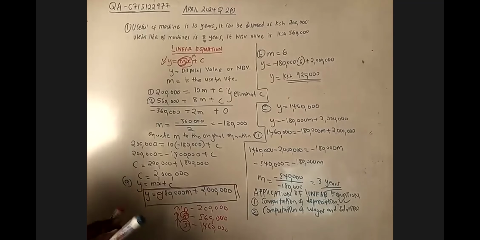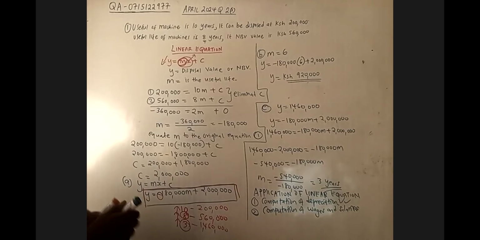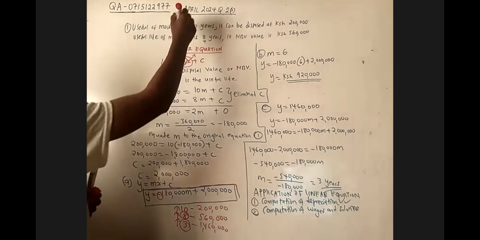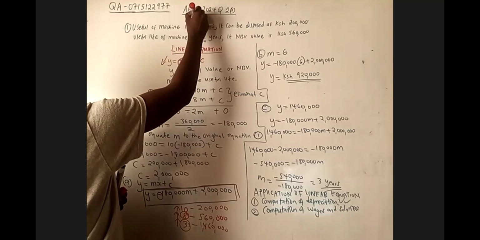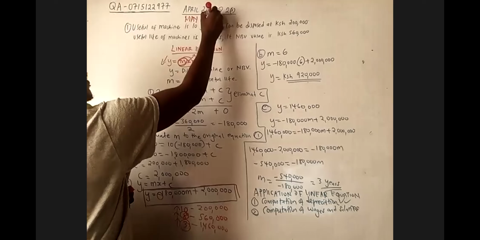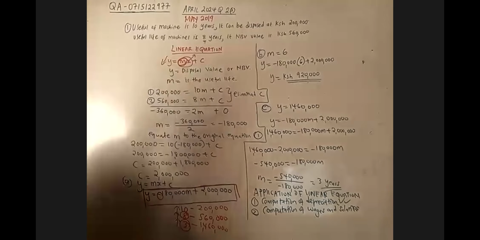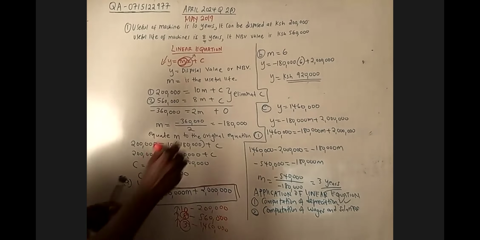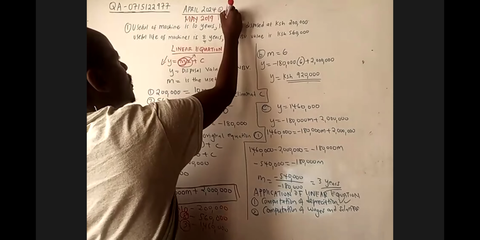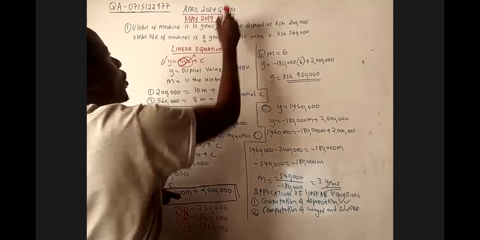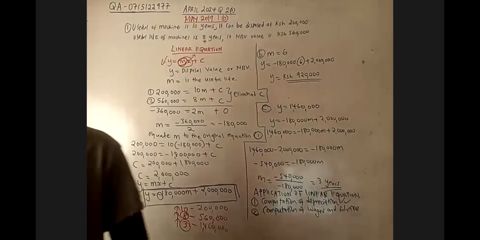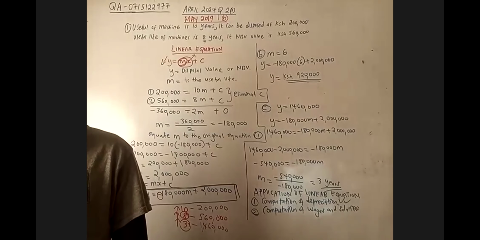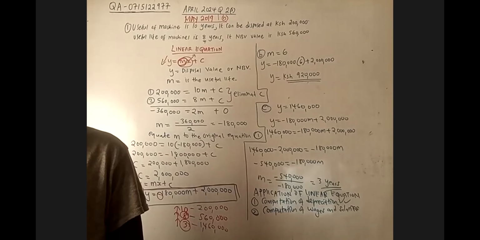So your assignment is May 2019, question number 1B. Let me present it for you so that you can screenshot it when you're on a past paper. But I think everyone has it.